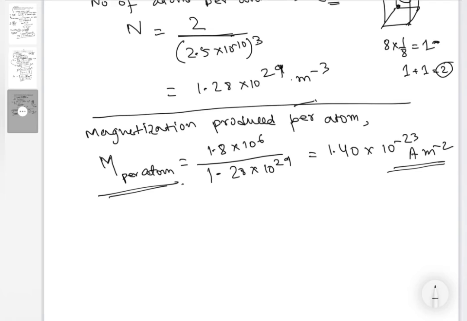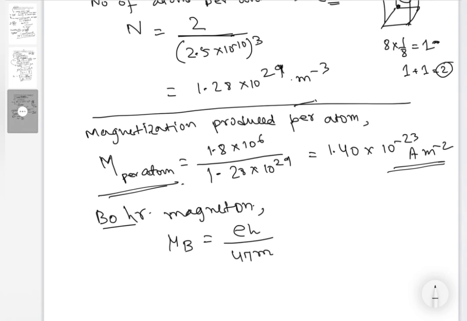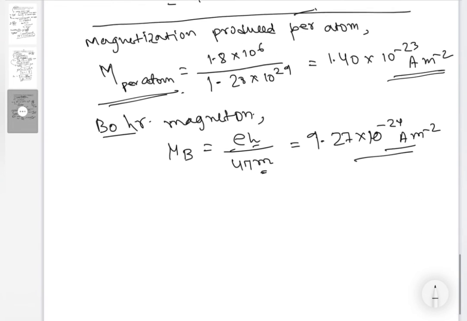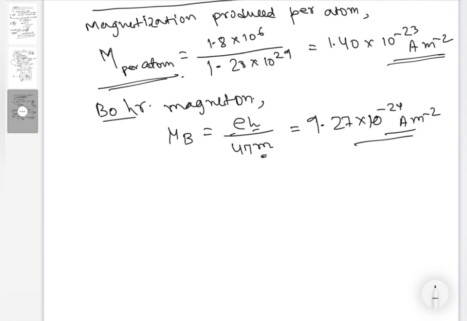If I don't know, then we have to calculate, and the calculation is not that difficult. So Bohr magneton mu b is given by eh by 4 pi m, where e is the electron charge, h is Planck's constant, and m is the mass of the electron. If we put them together, we will get 10 to the power minus 24 ampere per meter square. So this is the value for one Bohr magneton, right?